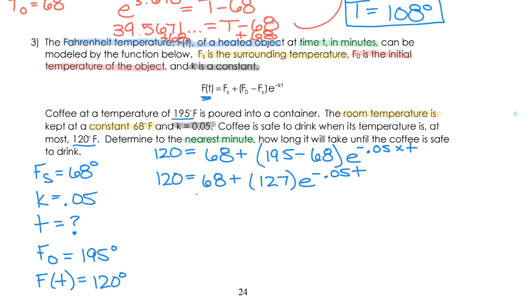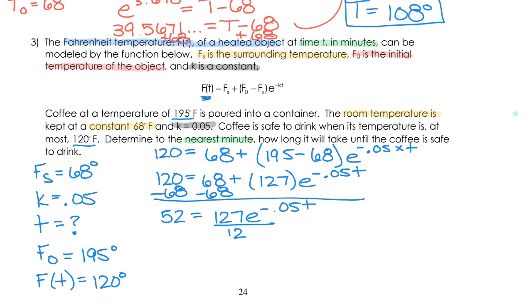But I believe I can go ahead and subtract 68, get rid of that extra. 120 minus 68 is 52, equal to 127 e to the negative 0.05t. And now we're going to go ahead and get rid of the 127. And 52 divided by 127 is 0.409448, equal to e to the negative 0.05t.